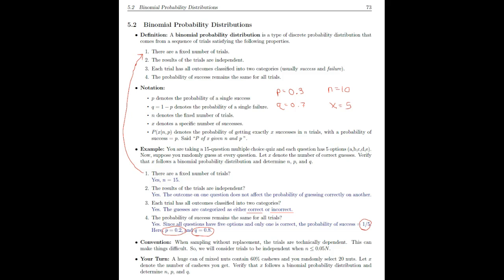So we're going to consider trials to be independent when that's the case. It's called, I forget what it's called, the rule of cumbersome calculations, and it turns out to be virtually mathematically identical. So we can consider them to be independent in those cases.